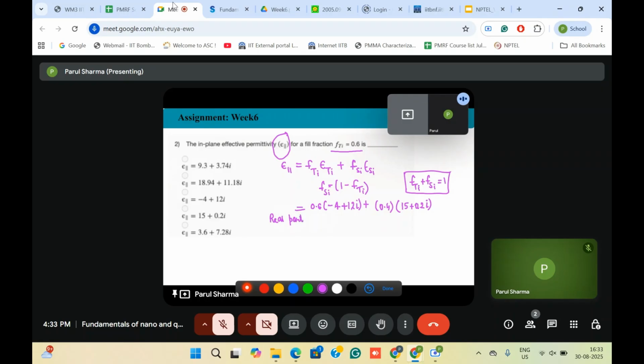If I consider the real part, that is 0.6 into minus 4, that is minus 2.4, plus 0.4 into 15, that is 6. So the real part is 3.6.